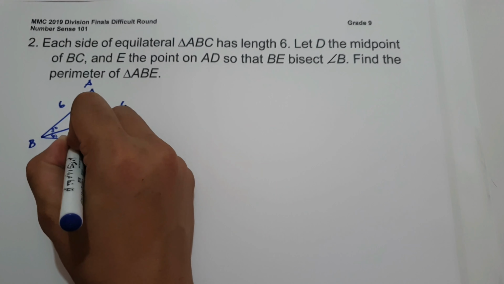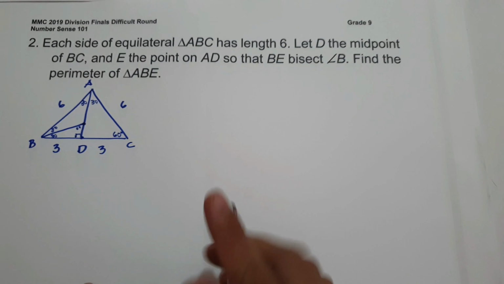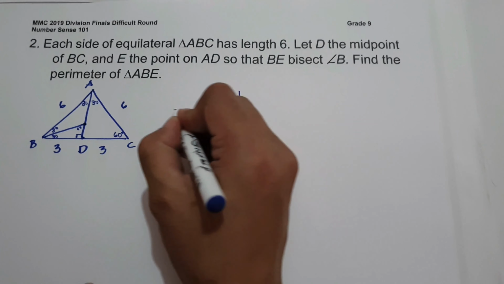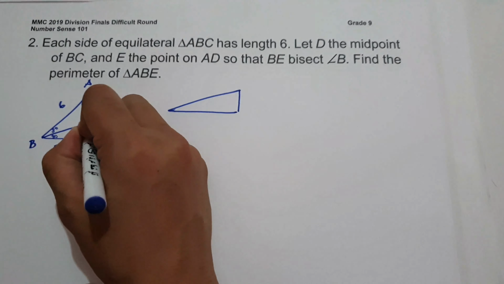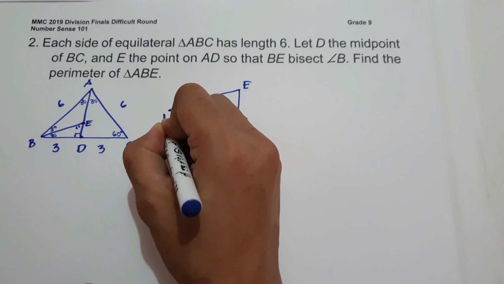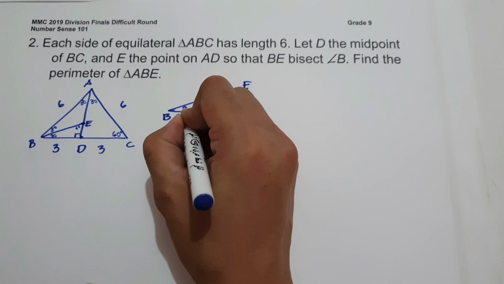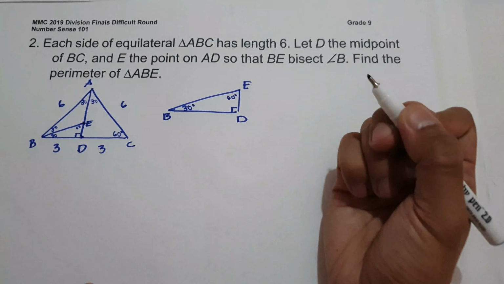This one is a right angle. So let me separate the two triangles in order for us to find the perimeter of triangle ABE. So let us have triangle EDB: this one is 30 degrees, this one is 60 degrees, and this one is 90 degrees.